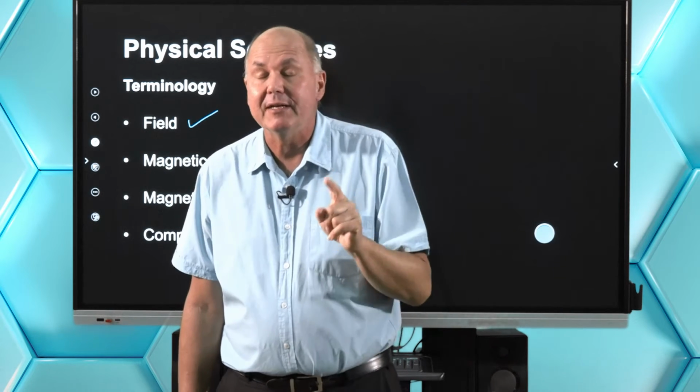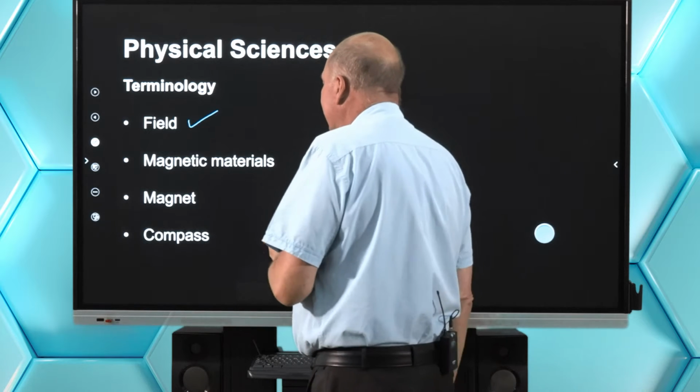The direction of the field is given as the direction of the force acting on that piece of magnetic material. And more specifically, we use a compass, which is a free-floating magnet, to give us the direction. But we'll have more to say about that just now.